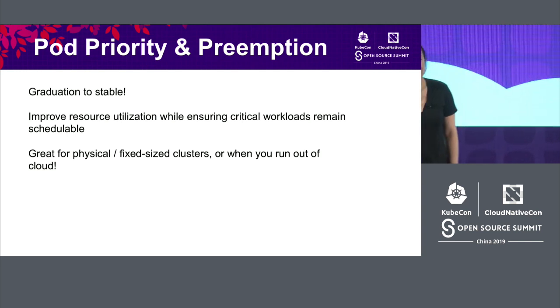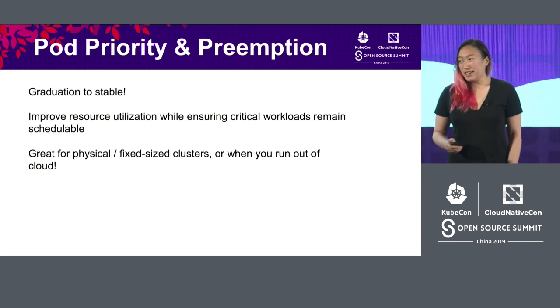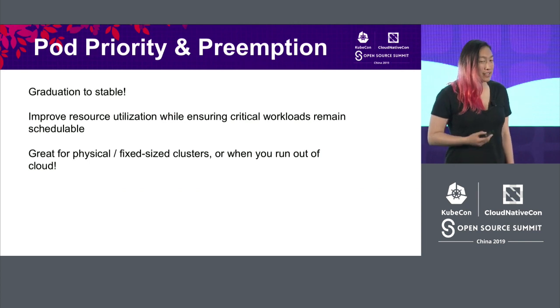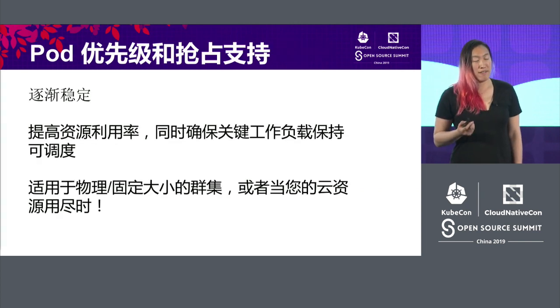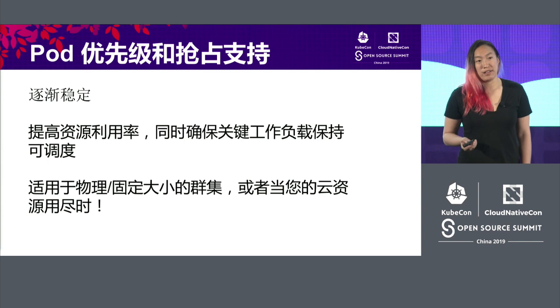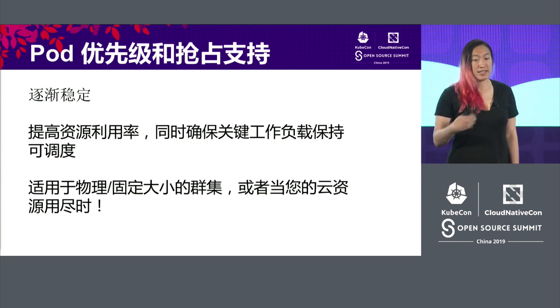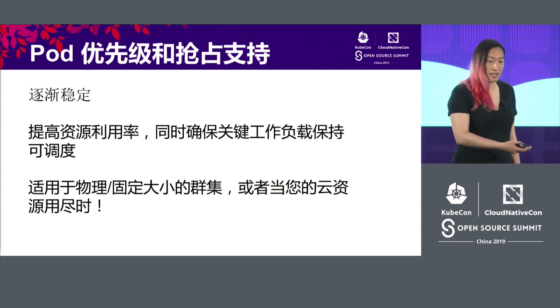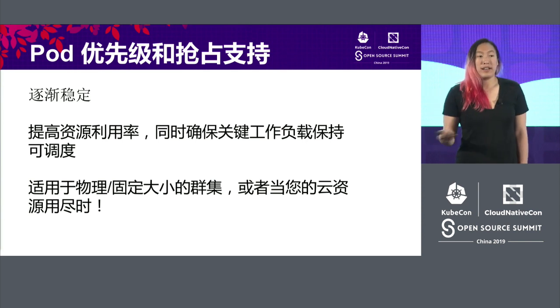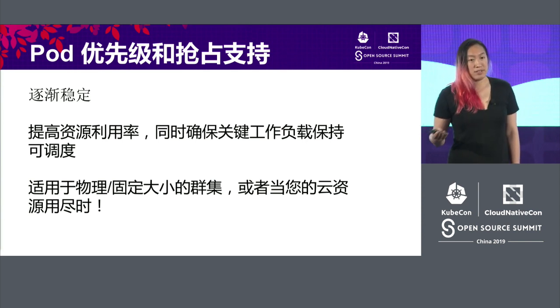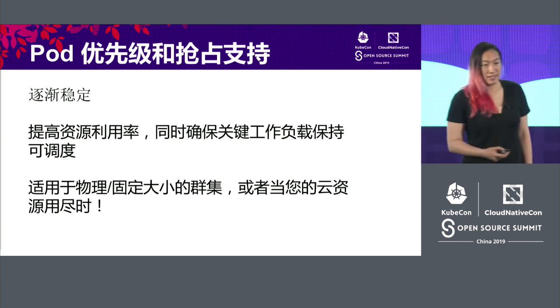Cloud has capacity limits too. Or another case that I see people using this is when you have very, very latency-sensitive workloads. So you want to evict pods so that you can schedule the sensitive workloads while you're waiting for new nodes to provision. So now it's graduated.